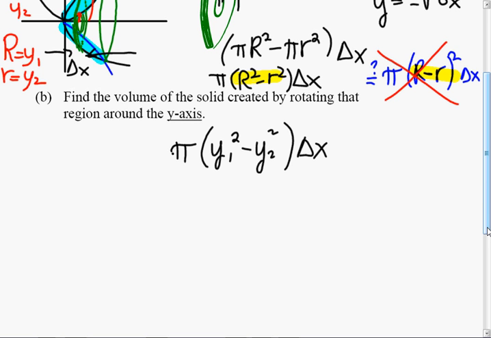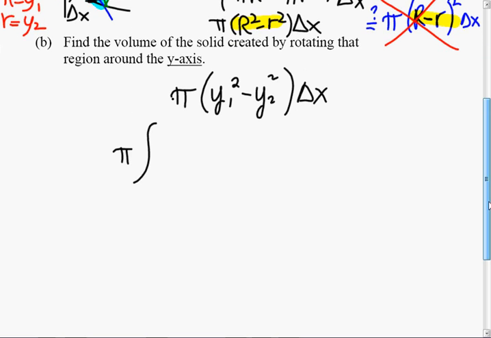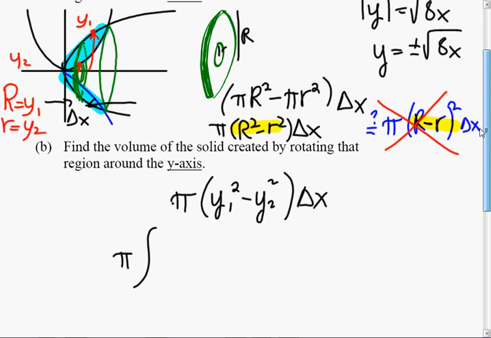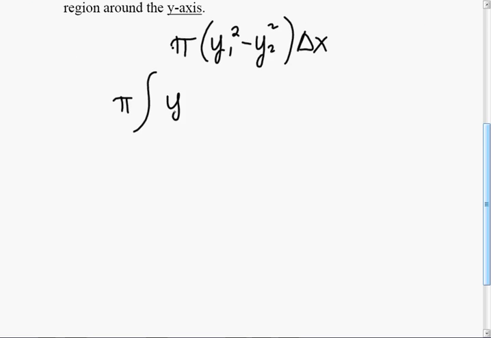There's a hole in the middle. It's not solid. So we're going to integrate. Let's pull the pi out. And it's the big radius squared. So it's y1 squared minus y2 squared.